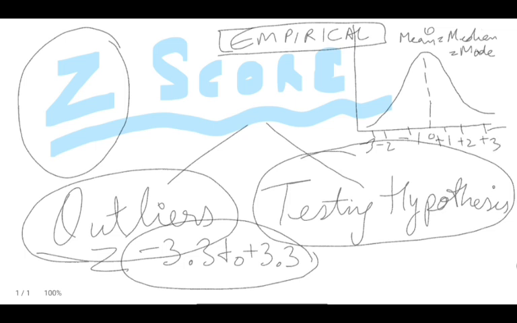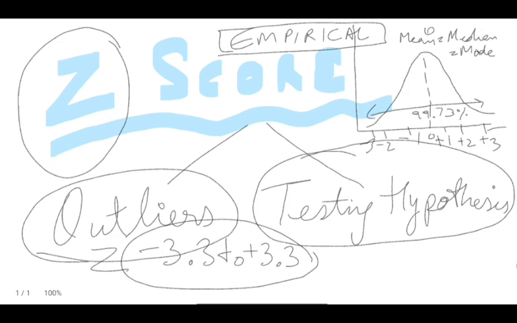This is 0. So if we have a normally distributed curve, the empirical rule says that 99.73% of the data points lie within minus 3 to plus 3. How many? 99.73 percent of all the data points will be lying within the range of minus 3 standard deviation to plus 3 standard deviation, right?